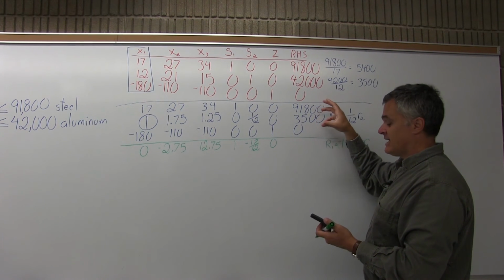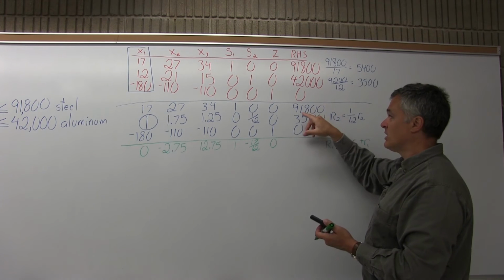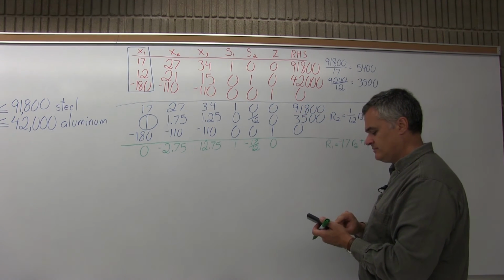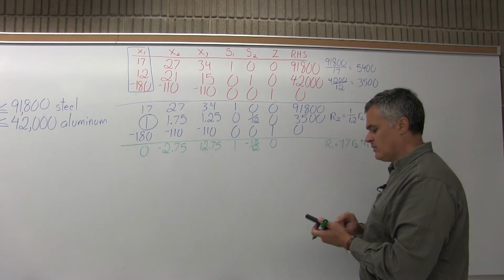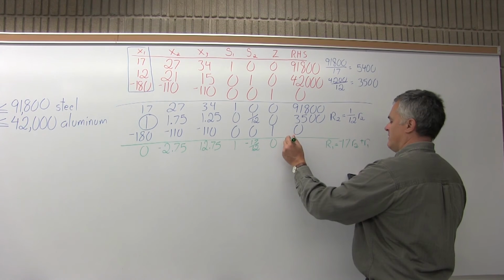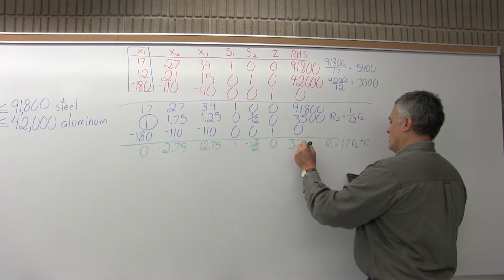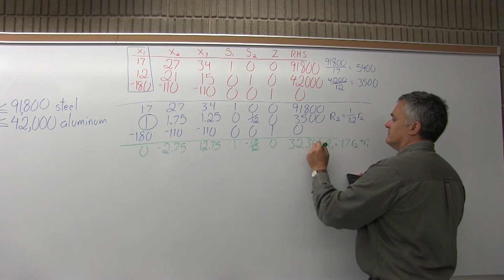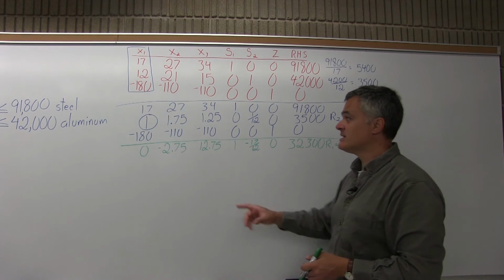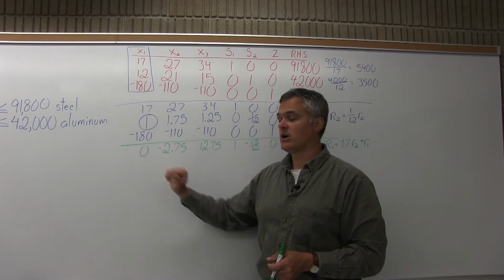So what I'm going to add is negative 59,500 plus positive 91,800. Which again I'll use the calculator for, and it gives me a result of positive 32,300. So I've completed my new row 1, which involved making a 0 in the top position of the x1 column.